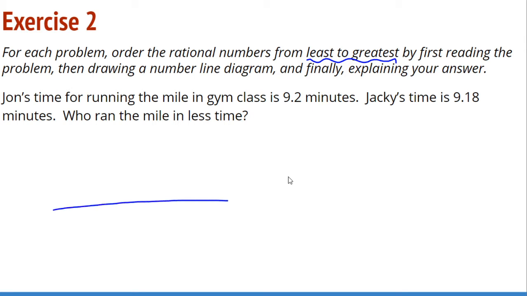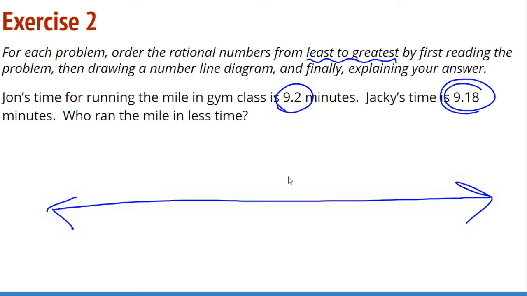So I've got a number line here. Now when I look at these numbers that I'm comparing, I notice that both of them are in 9 minutes. So I'm going to put a 0 here, but I'm not going to worry about putting 1, 2, 3, 4, 5, 6, 7, 8, 9, 10, all that kind of stuff.